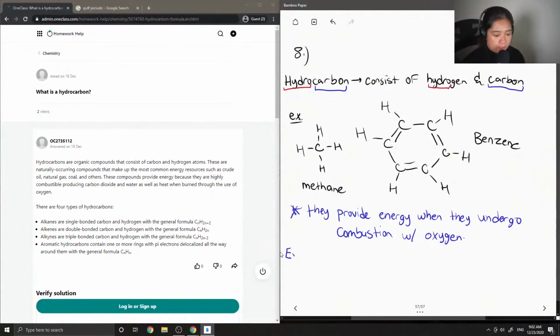Okay, so let's have an example of a combustion reaction. So typically you have your hydrocarbon. So for example, let's say hexane.